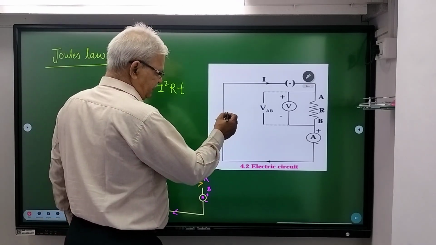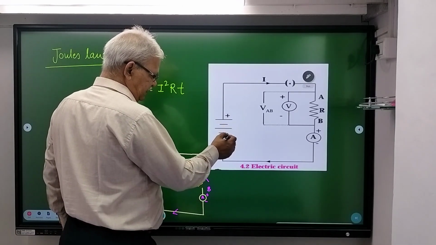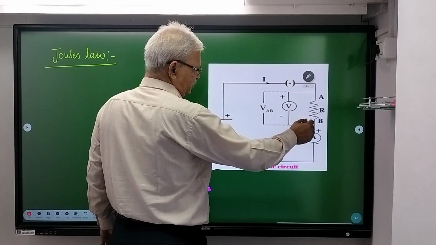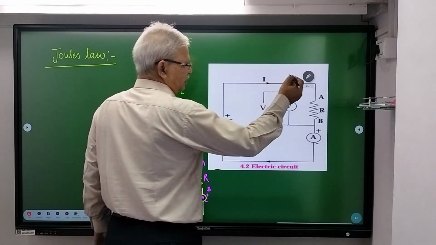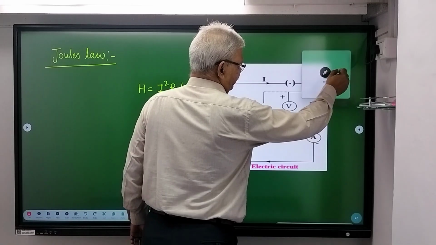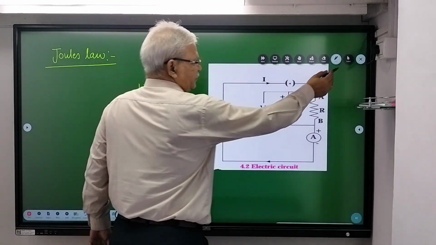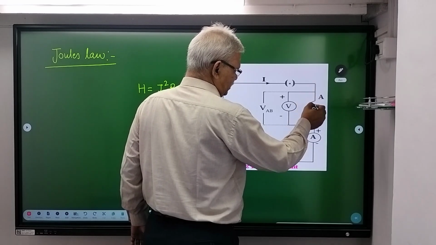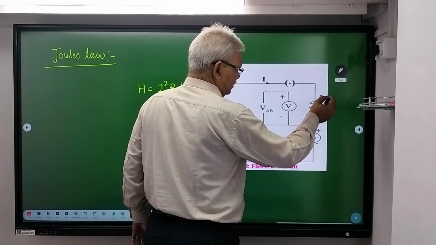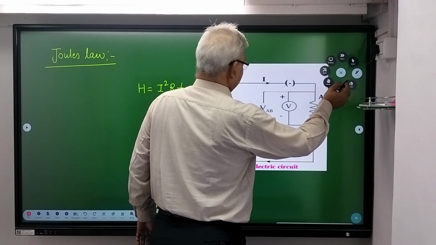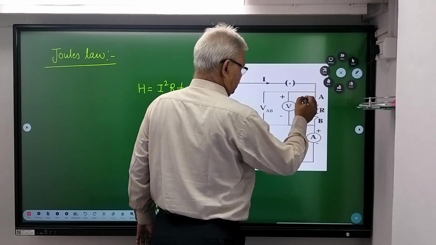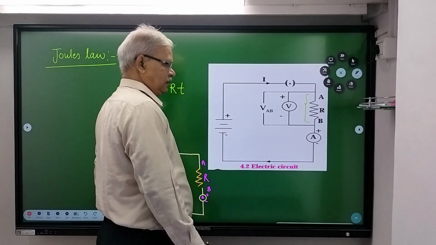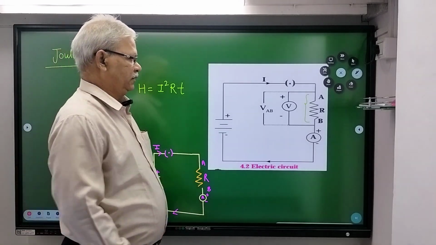This is the plus sign, this is the minus sign, and I current is flowing through it. R is the resistance.